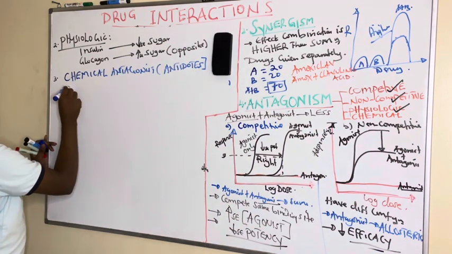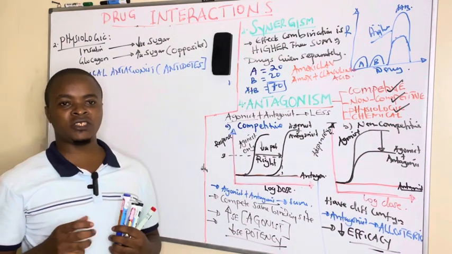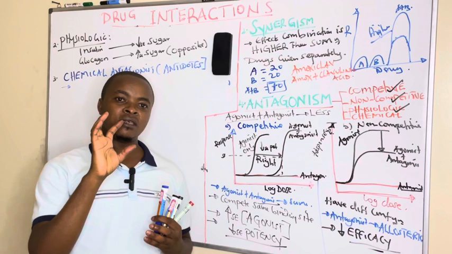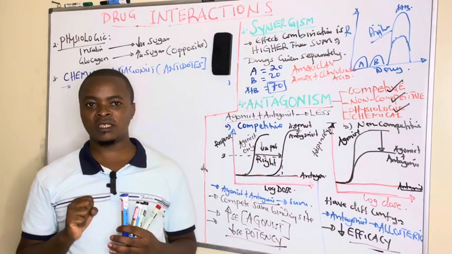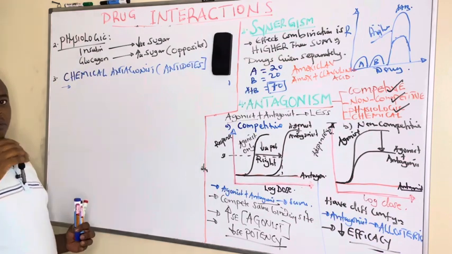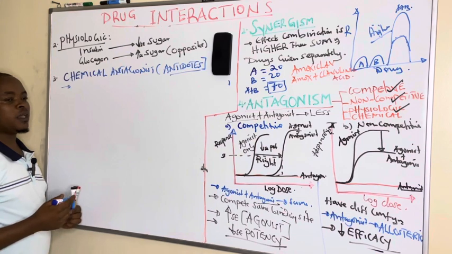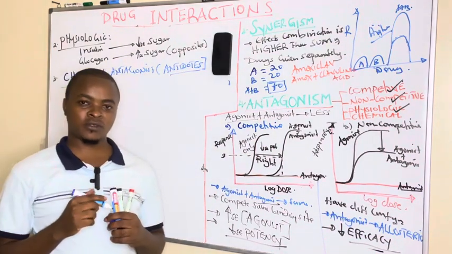They are chemical agents which bind to the receptor. And when they bind to the receptor, they inhibit the action of the agonist, or they remove the agonist, preventing its reaction.